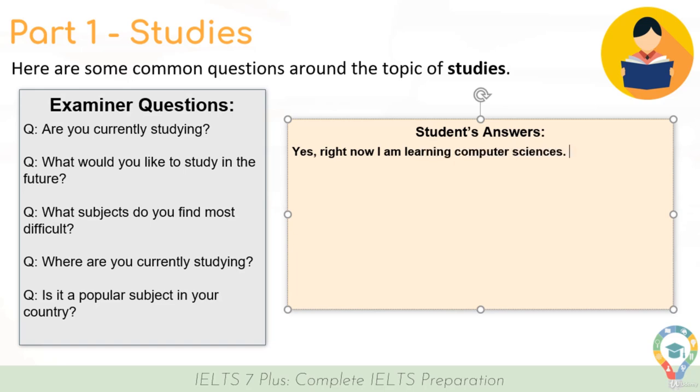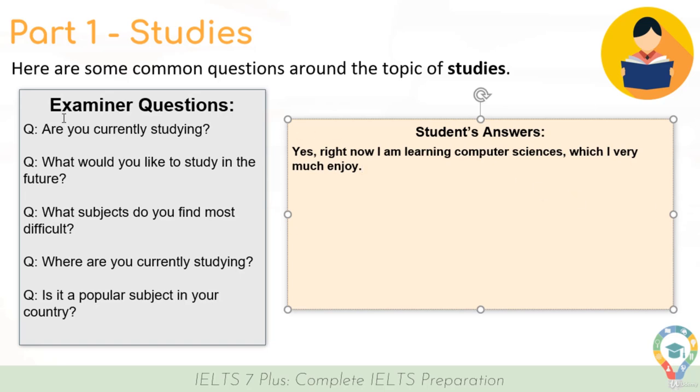Computer sciences, okay. But that's a little bit too short, I think. So I want to add some more storytelling and detail. Right now, I'm learning computer sciences, which I very much enjoy. Instead of like, we can use that synonym enjoy to make the language just a bit more interesting.